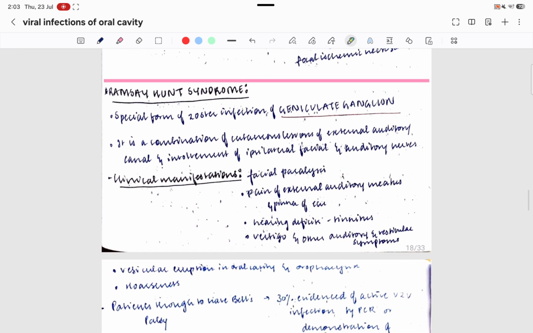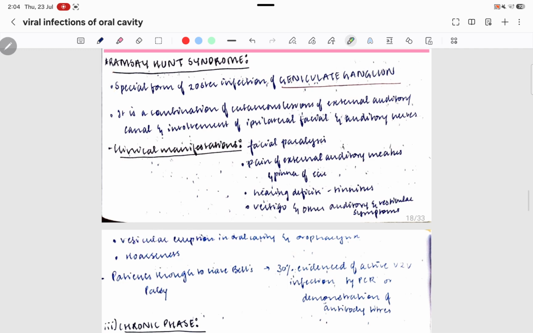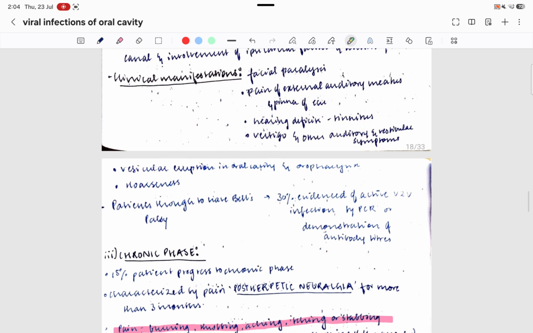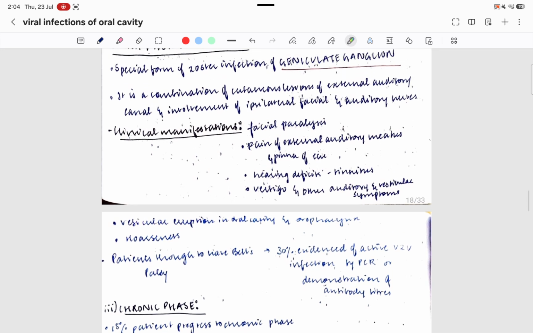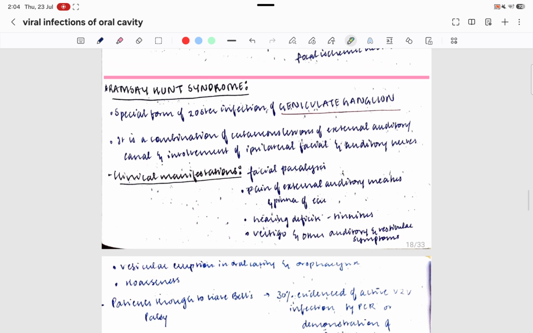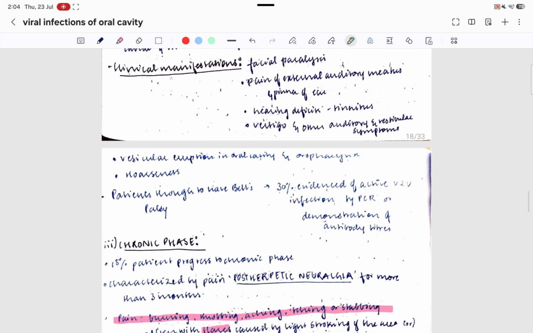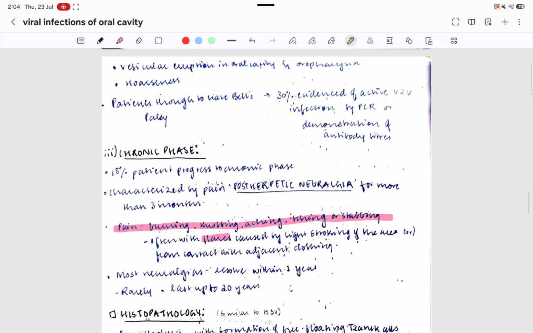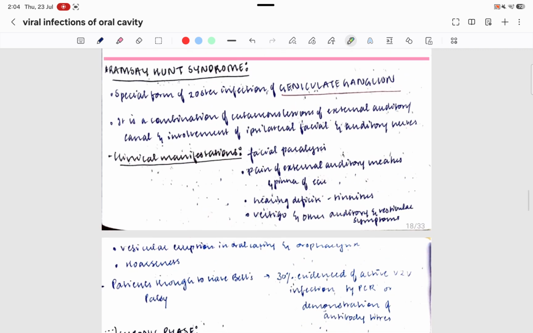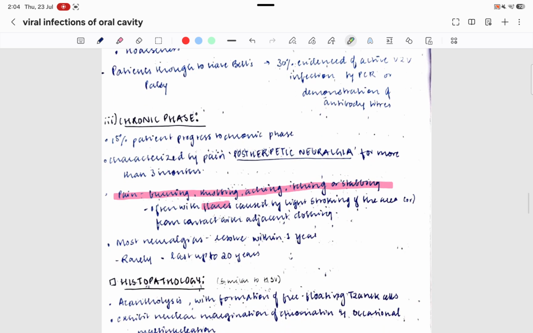Then you have your third one, that is your chronic phase, occurring as a syndrome. So this syndrome occurs in the geniculate ganglion and it has an acute phase and a chronic phase as well.